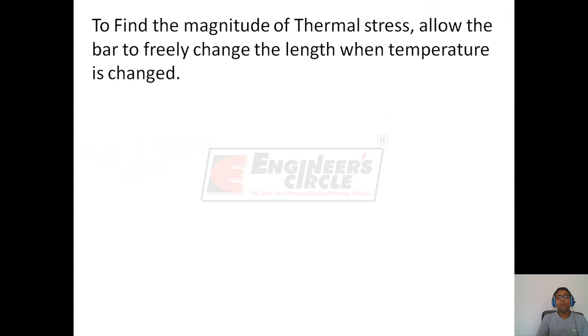To find the magnitude of thermal stress, allow the bar to freely change its length when temperature is changed. That is, if we have this bar AB whose original length is L and its temperature increases by T degree centigrade, allow this bar to freely expand.